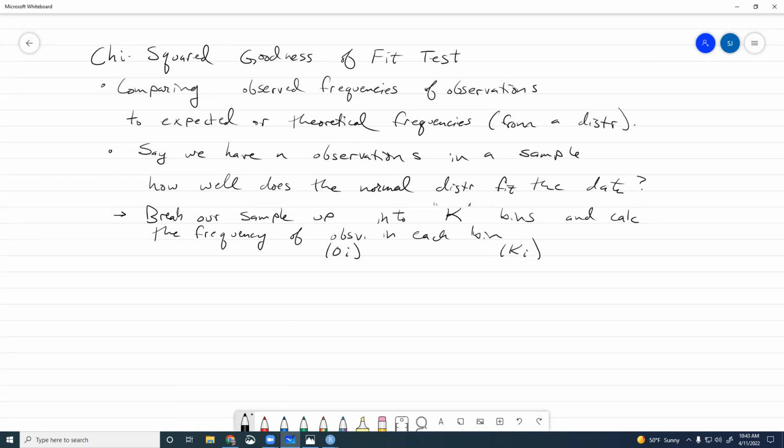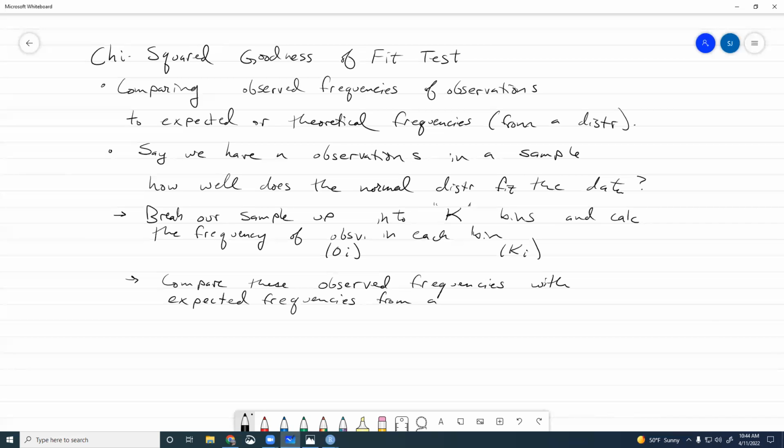And then we'll compare these observed frequencies with expected frequencies or probabilities, right? From a normal distribution that we split up the same way.